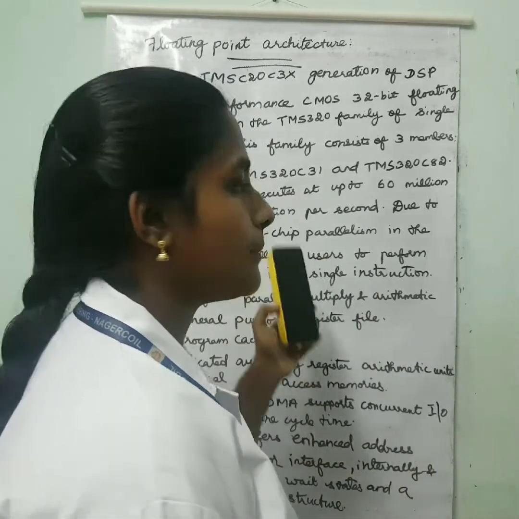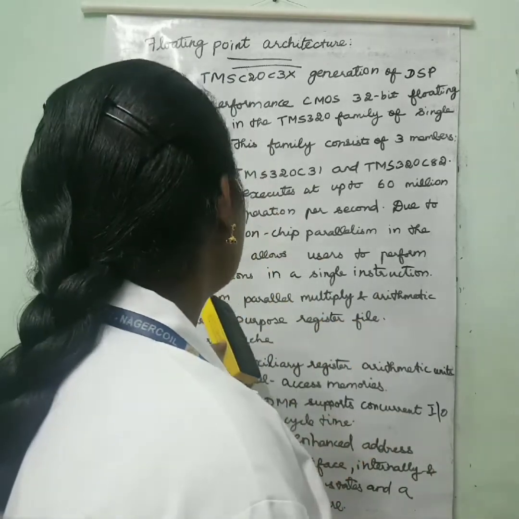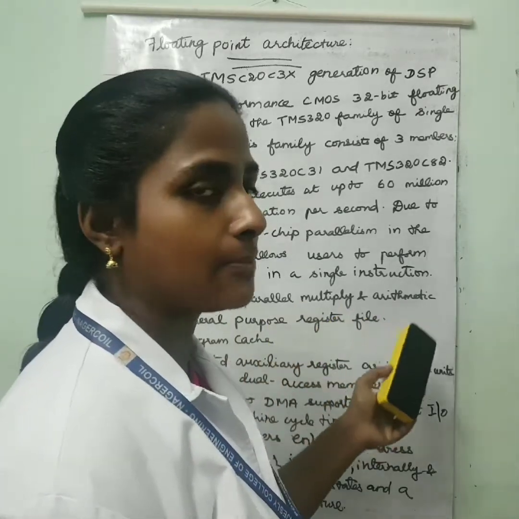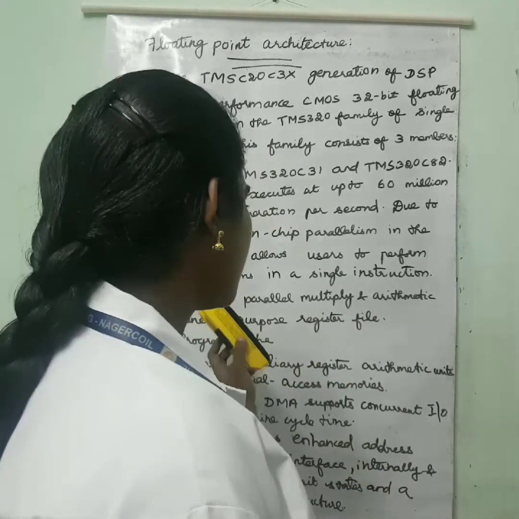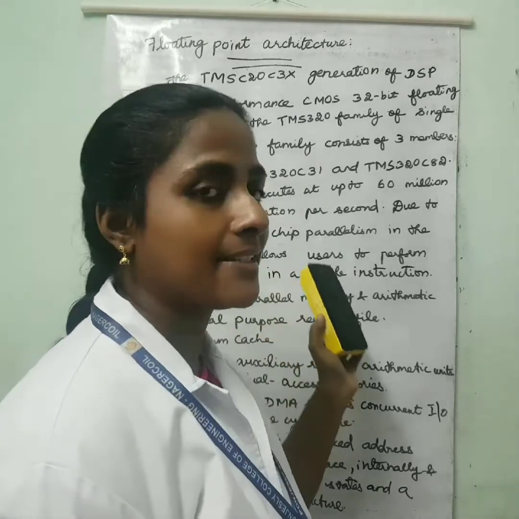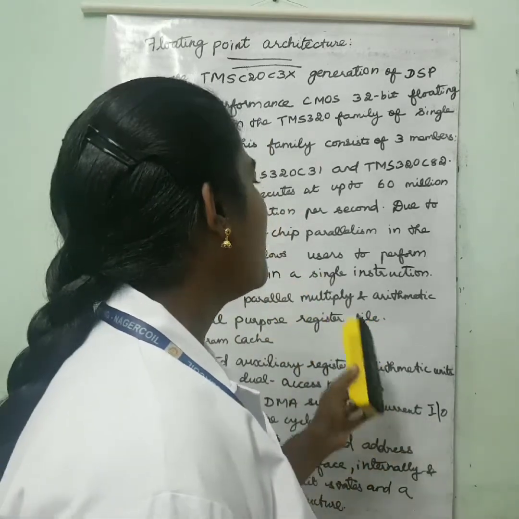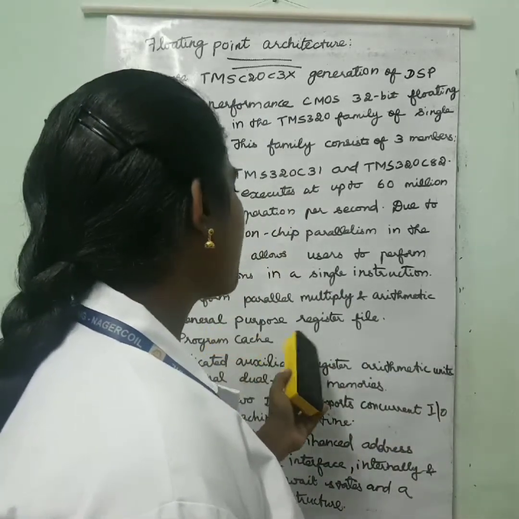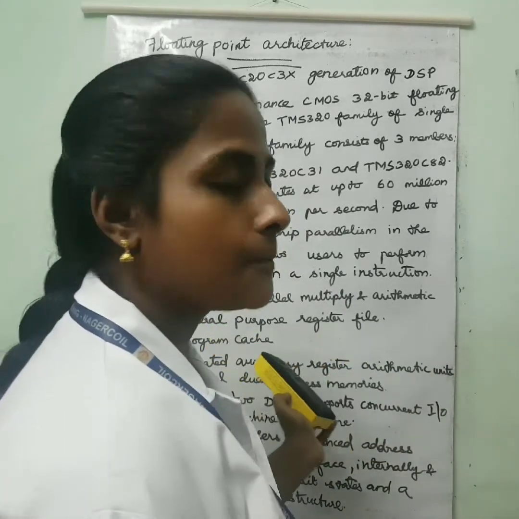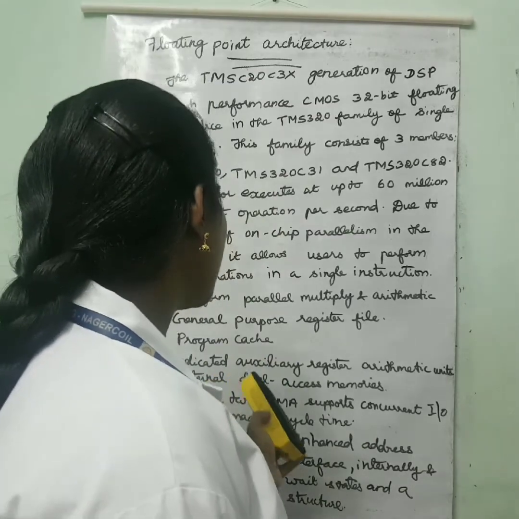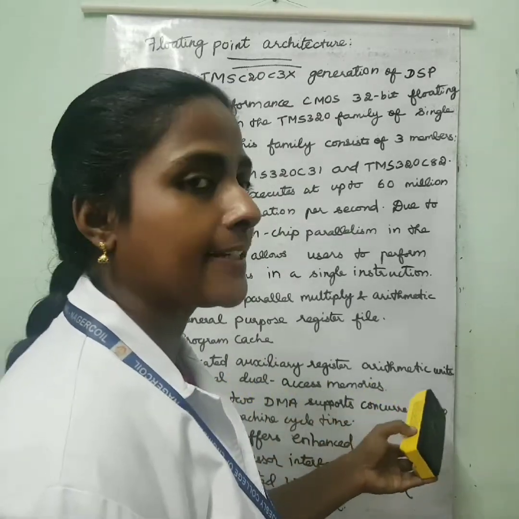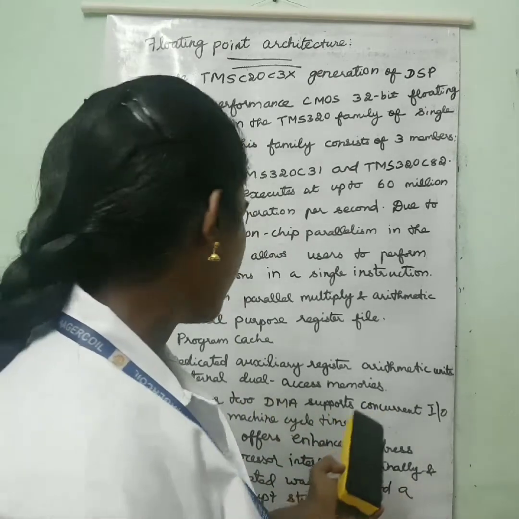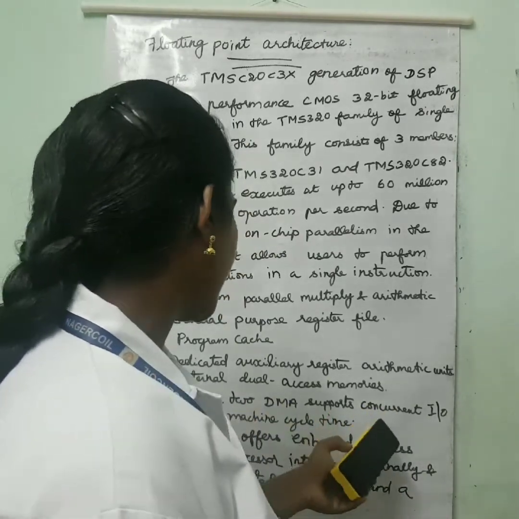These are some of the features. It performs parallel multiply and arithmetic operations, that is, simultaneously at the same time. Then there is a general purpose register file, program cache, dedicated auxiliary register arithmetic units, internal dual access memories, and short machine cycle time.